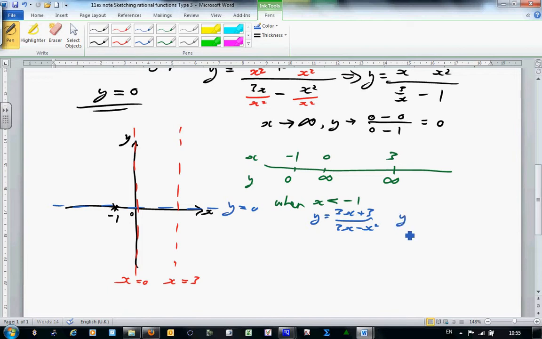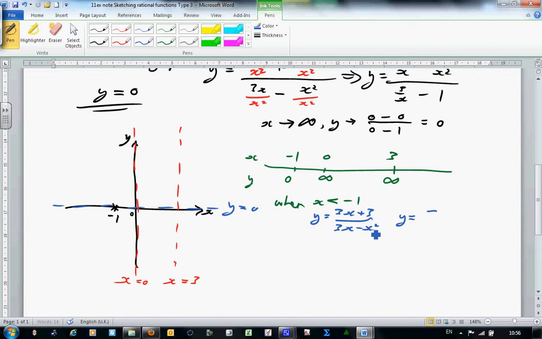So when x is -2, on the top we get a negative result. On the bottom, the denominator, the first term is negative. The second term is negative squared, which is positive. So we've got a negative term, take away that other term, the positive term, so I'm going to end up with negative over negative, which is positive.